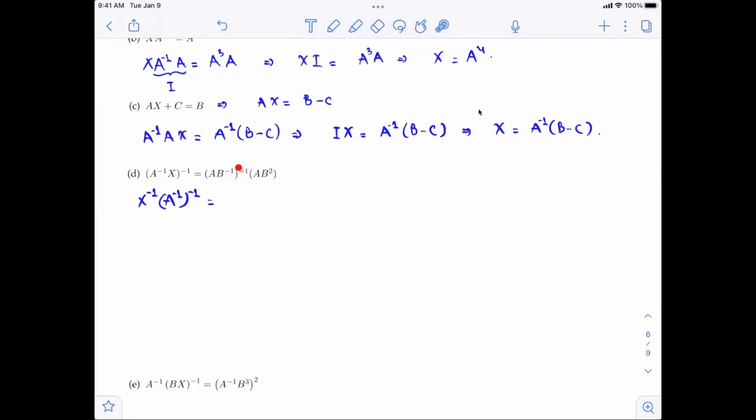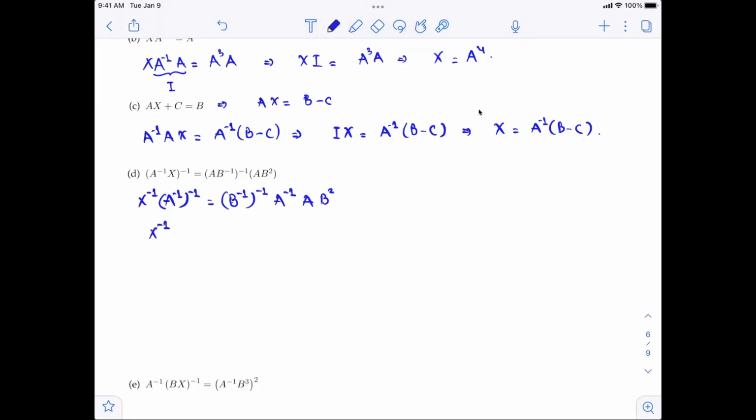And on the right-hand side, I'm going to expand this inverse as well. This is going to give me B inverse inverse times A inverse times A times B squared. Okay, now on the left-hand side, the inverse of A inverse is going to be the matrix A itself.